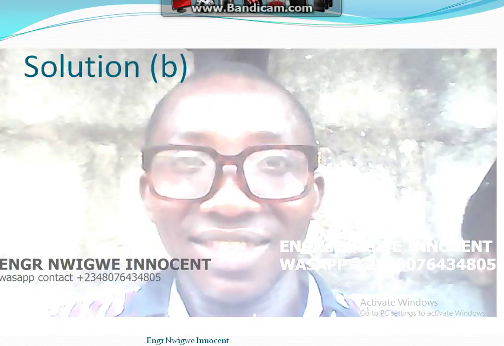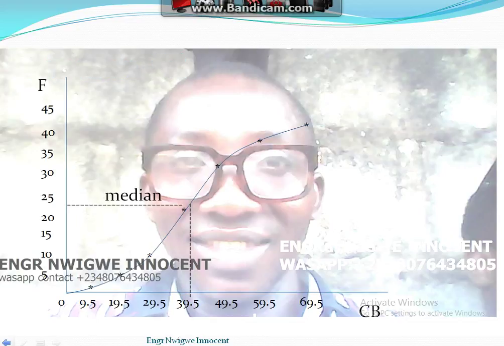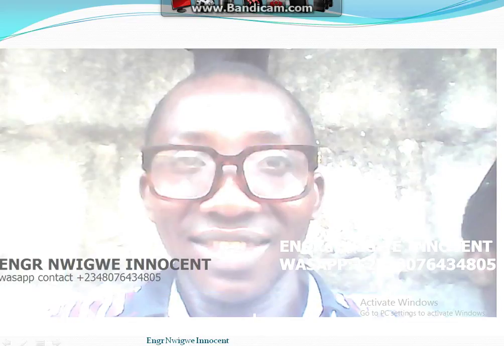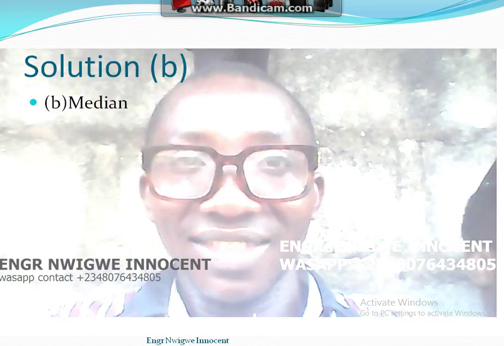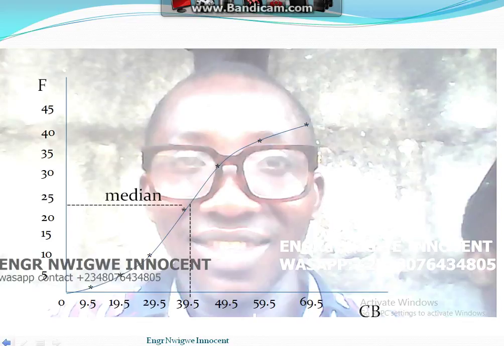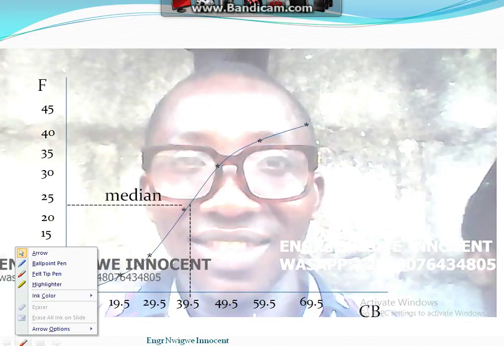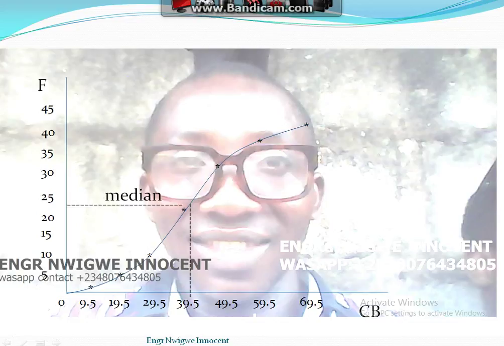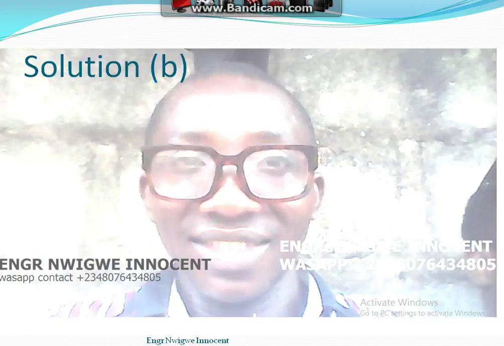on the graph, we now have that 38.7. The upper quartile Q3 is count equals to 3 times the total number of frequency over 4, which gives us 3 times 42 over 4, which gives us that 31.5.